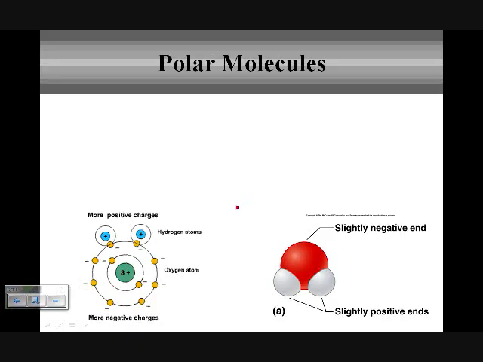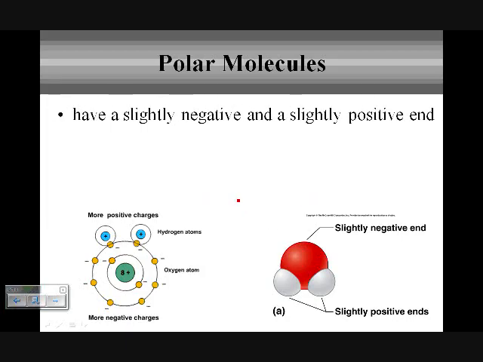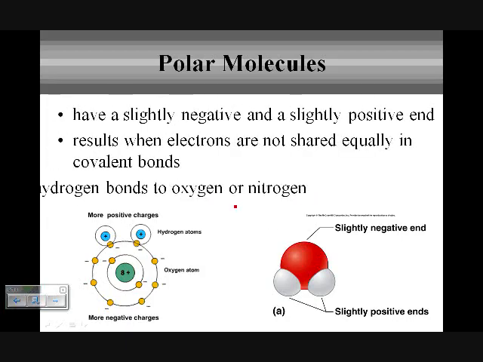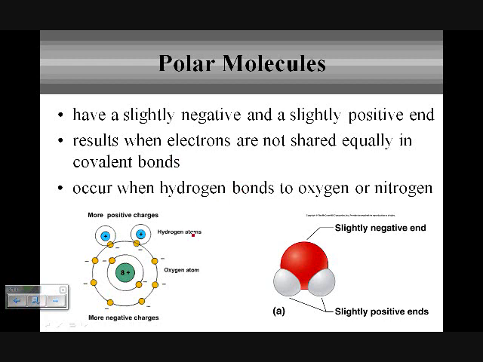So focusing on the polar molecules that are responsible for hydrogen bonding, that slightly negative and slightly positive end that we were talking about is because of the distribution of the electrons in covalent bonding. So as you can see here, this is that water molecule. We've got 1, 2 electrons in the oxygen, and oxygen has 8 electrons in it. So it's got 1, 2, 3, 4, 5, 6, 7, 8, which belong to the oxygen, and then those last 2 are shared with hydrogen.